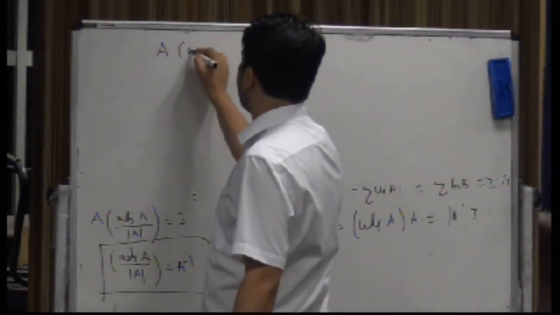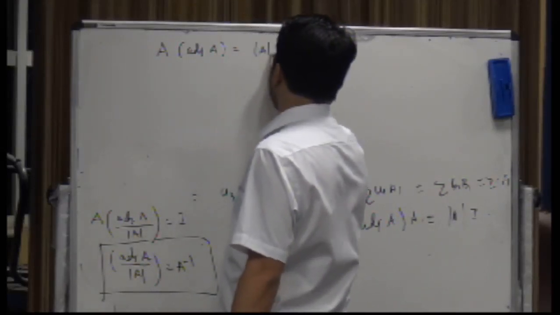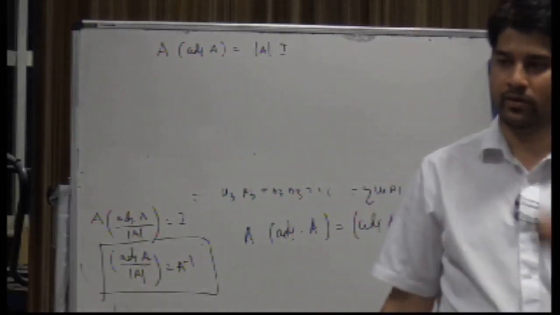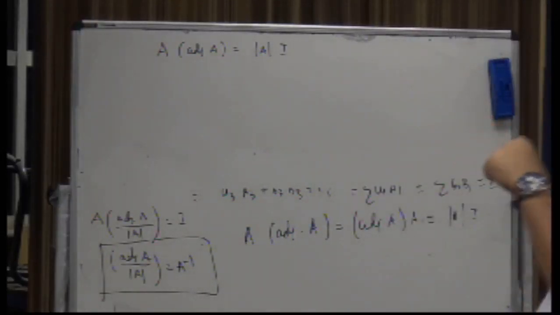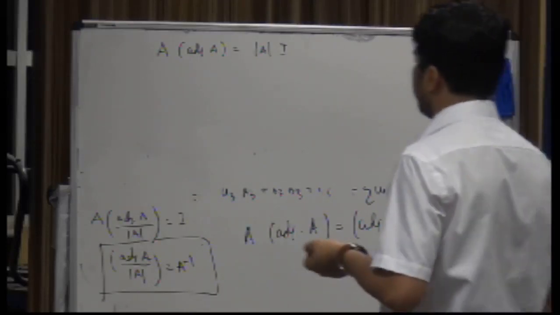A into adjoint of A is equal to mod A I. Now my idea is to find det of adjoint of A, and det of A we already know it's pretty easy to find, right?